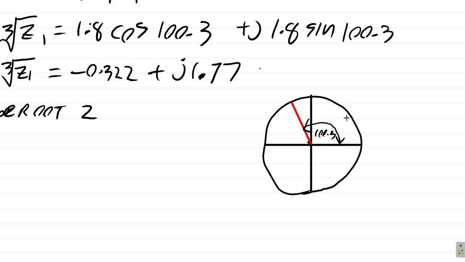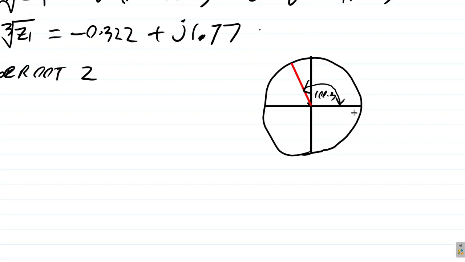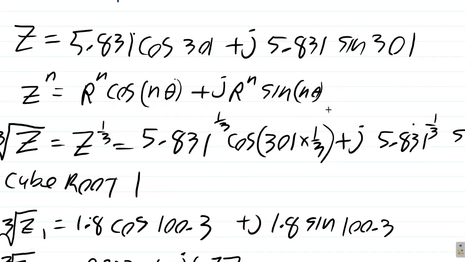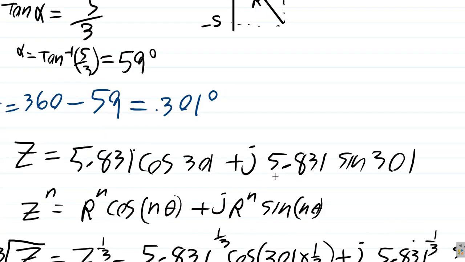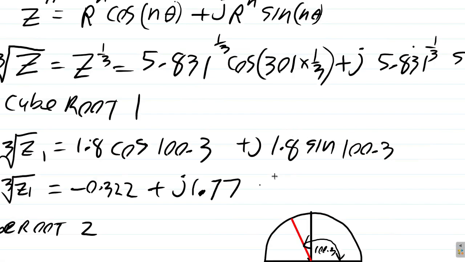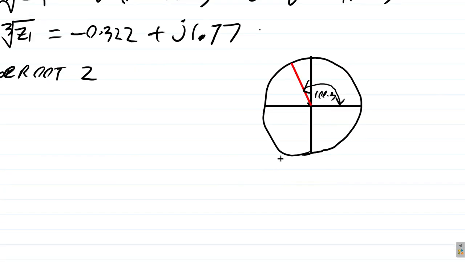Now you see when you cut the 300 and odd into 3 equal parts, you have 360 degrees total.